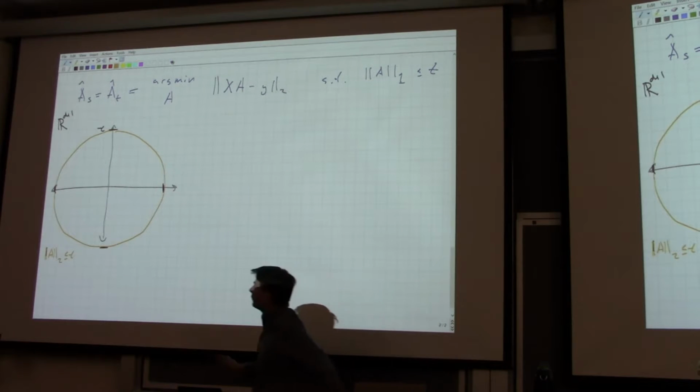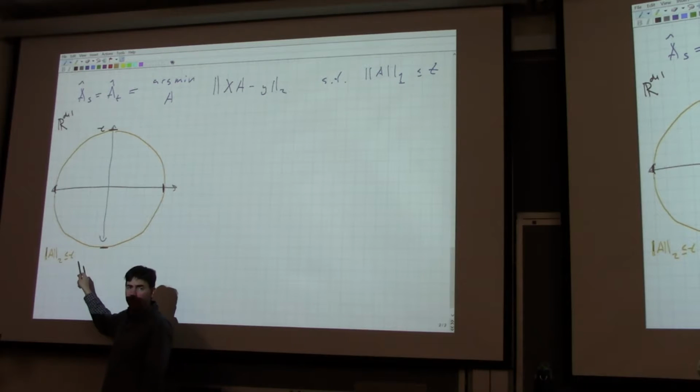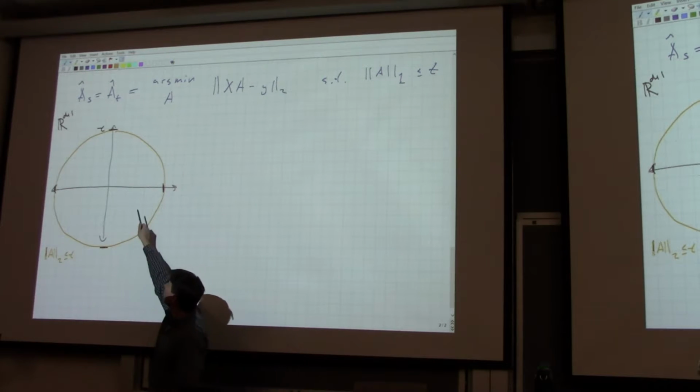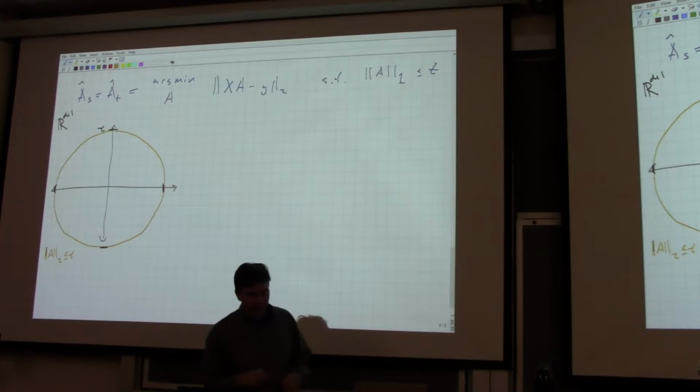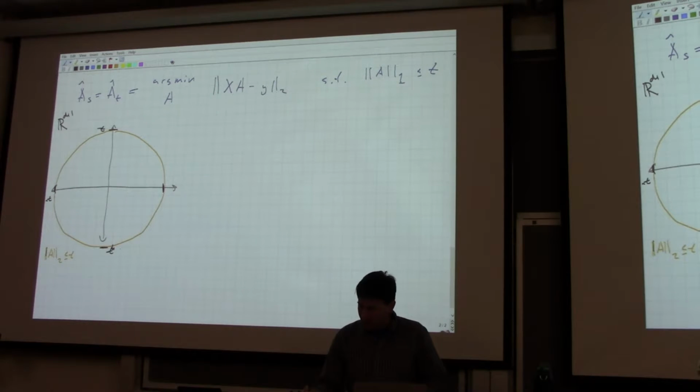So if A is inside of this orange ball, it's less than or equal to t. This is t, and t, and so forth, or this is minus t, but that's the distance from the origin.